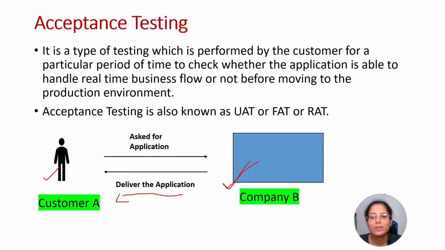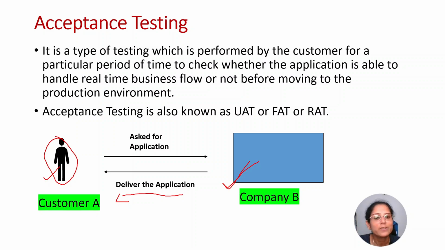Based on the customer requirement, the company will be developing the software, and on the company side there will be some testers who will be performing the testing of the application, and then finally they will deliver that software to the customer. Now what this customer will do is, they will have a group of testers.